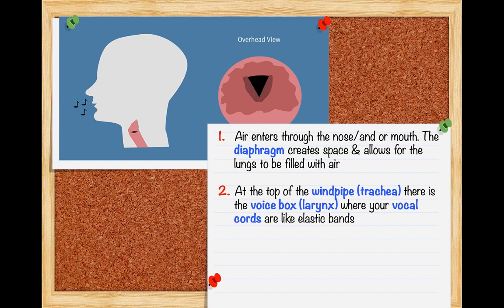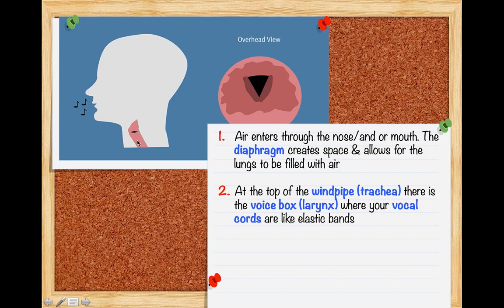So this is what is in the little moving diagram that is right above this text. That thing that you see opening and closing, these are the vocal cords. This here is the larynx, that's the voice box, which is at the top of the windpipe, which is the trachea that leads down into your lungs.